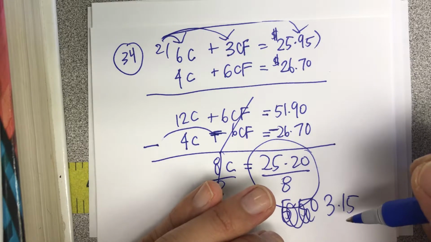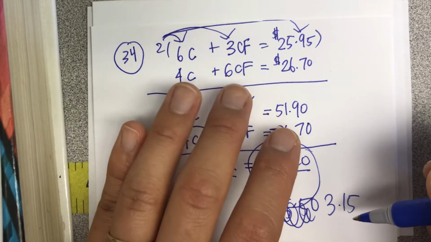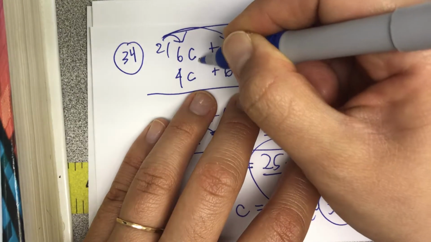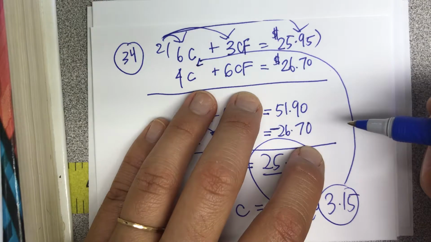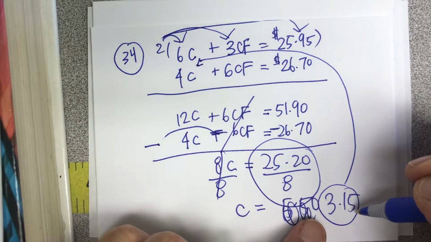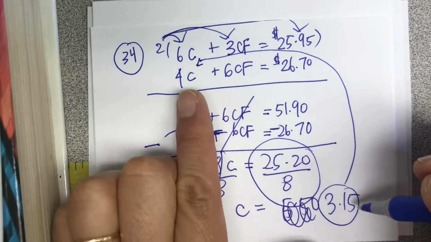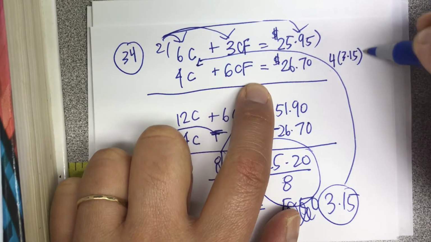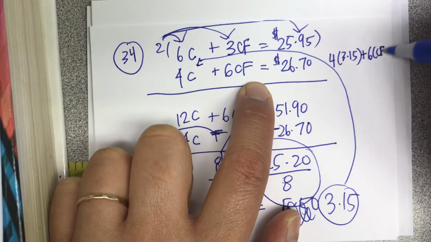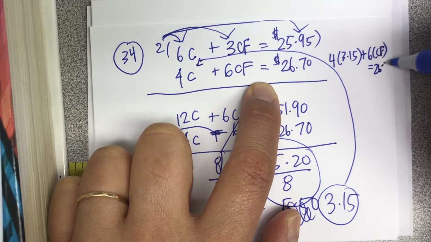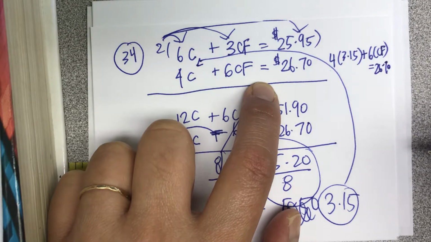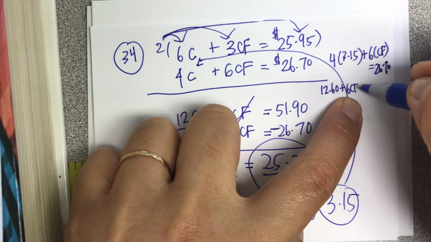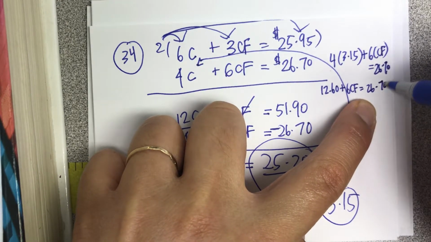Sorry, this is going to represent the C. So we're going to go 4 times 3.15 plus 6 times CF equals 26.70. Okay, and if you do the math there, it'll come out to $12.60 plus 6 CF equals 26.70.